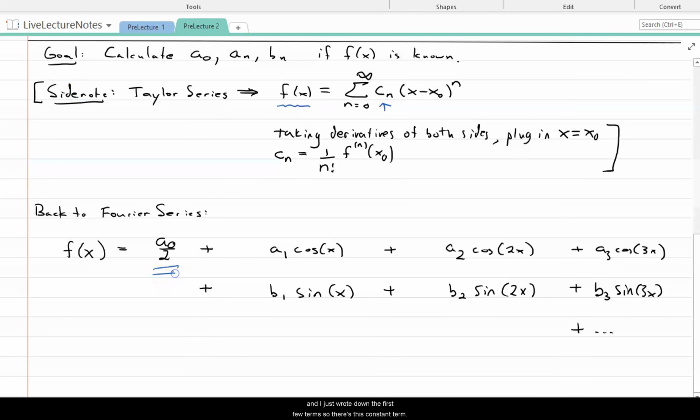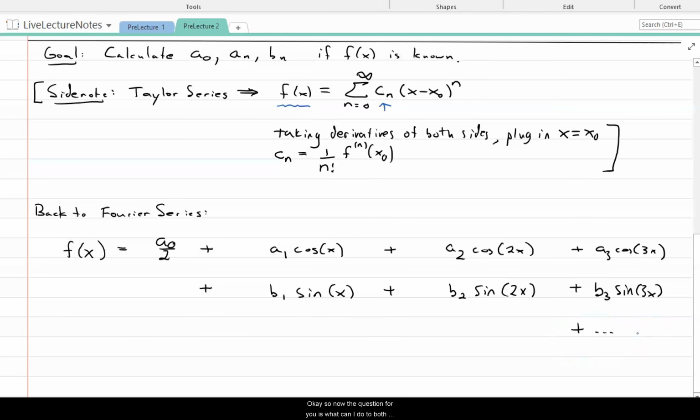So there's this constant term, and then there's a_1 cosine of x, this is n equals 1, a_2 cosine of 2x, that's n equals 2, a_3 cosine 3x, n equals 3, and then I wrote down some b terms with the sine, right, b_1, b_2, b_3. And of course, this is an infinite series, so there's an infinite number of extra terms which I'm not writing down, but hopefully you get the idea from just these few.